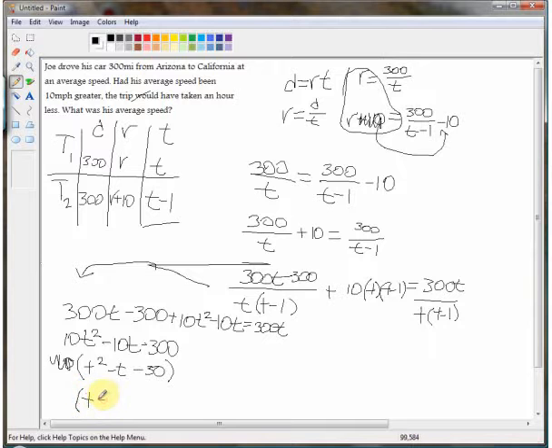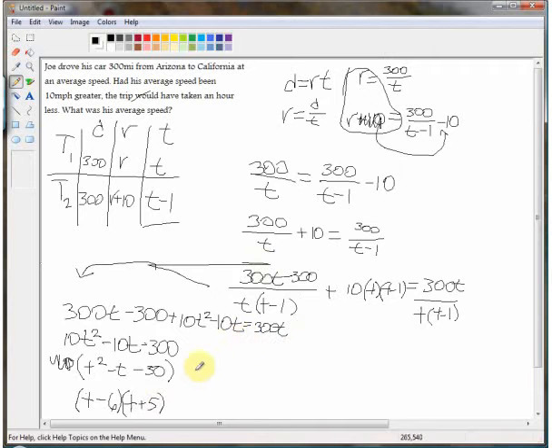So t minus what, and t plus what. So we would say t minus 6 and t plus 5, because if you FOIL that out, you'll find that negative 6 plus 5 is negative 1, and negative 6 times 5 is negative 30.